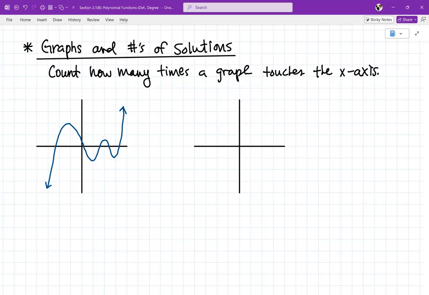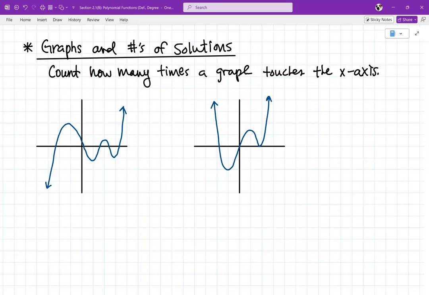Actually, you know what? Let me change this one a little bit. So if I ask you for this first graph right here, how many solutions, I'm not asking you what the answers are. I'm saying how many do they have for the first one?